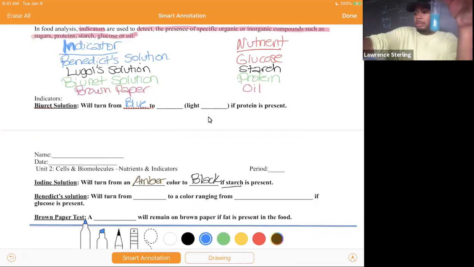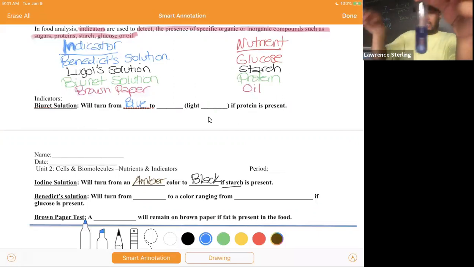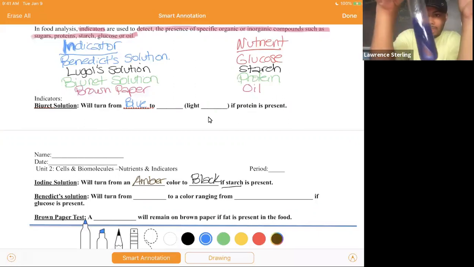It still looks blue. So what I'm actually gonna do is add a little bit more KOH. Ah, there we go. This KOH is pretty weak in concentration, but you guys should actually see it turned like a really pretty purple color, all right?